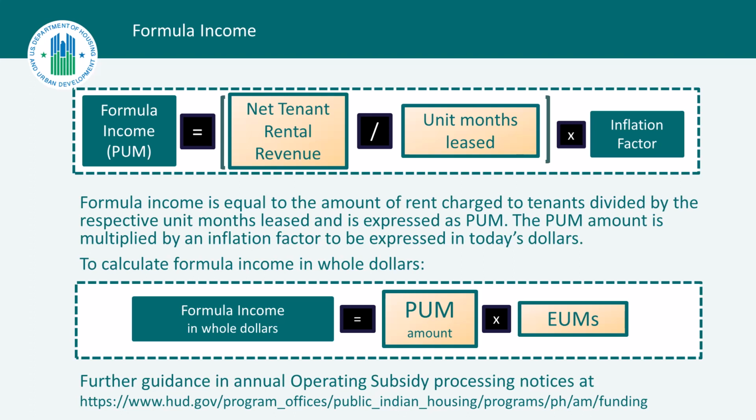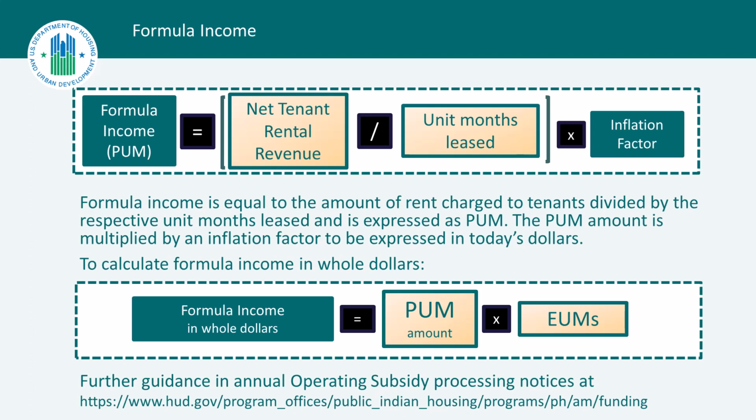Formula income may not have been pre-populated for the following reasons. The PHA is a non-asset management PHA, or a PHA with multiple projects that report only one project in FDS. The project is a mixed finance project. Approved FDS data was not available at the time FMD pulled data used to pre-populate the 52723.